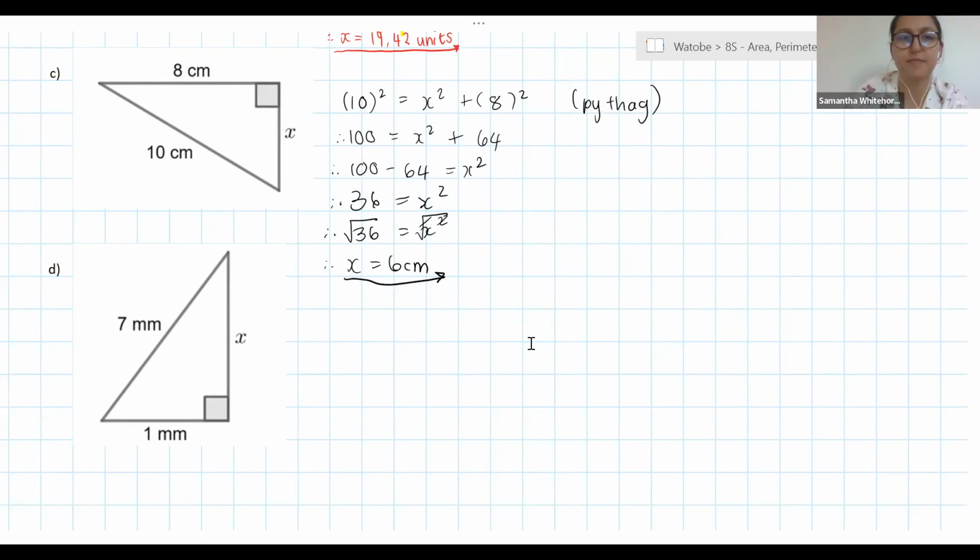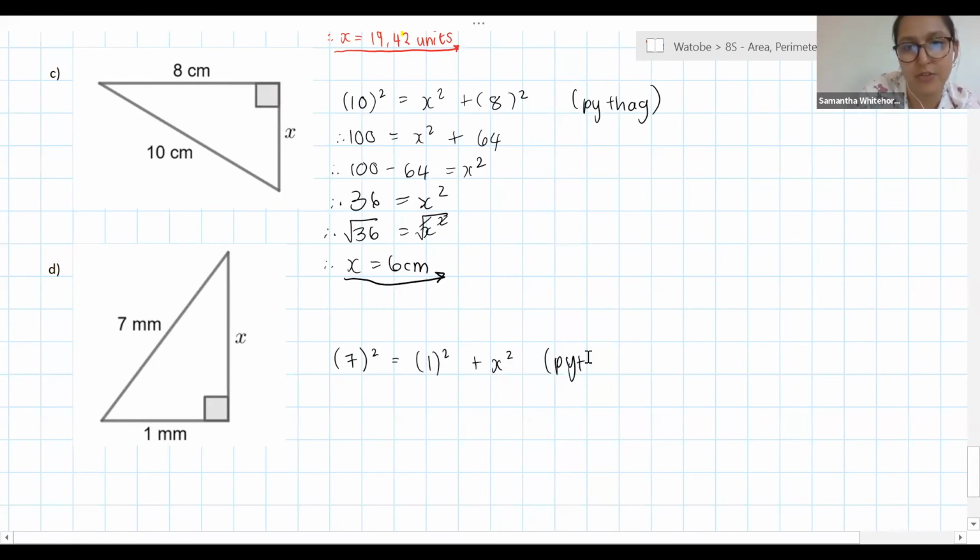I said 7 squared equals 1 squared plus x squared. Perfect. So what would I now do as my next step? X squared equals 1 squared minus 7 squared. Okay, so just remember we want to bring the 1 over, so it'd be 7 squared minus 1 squared.